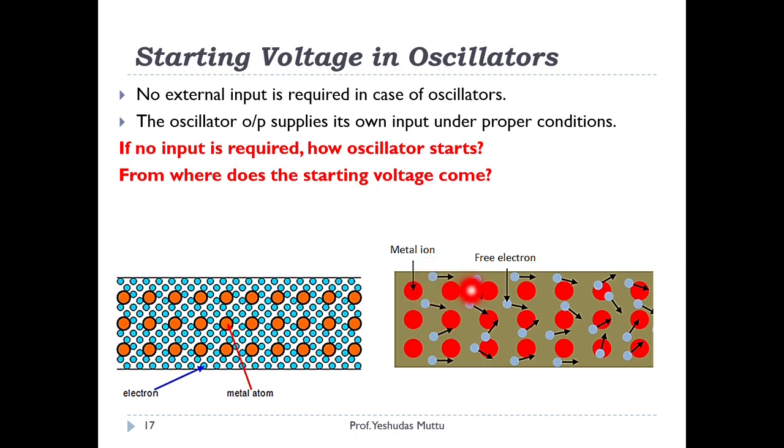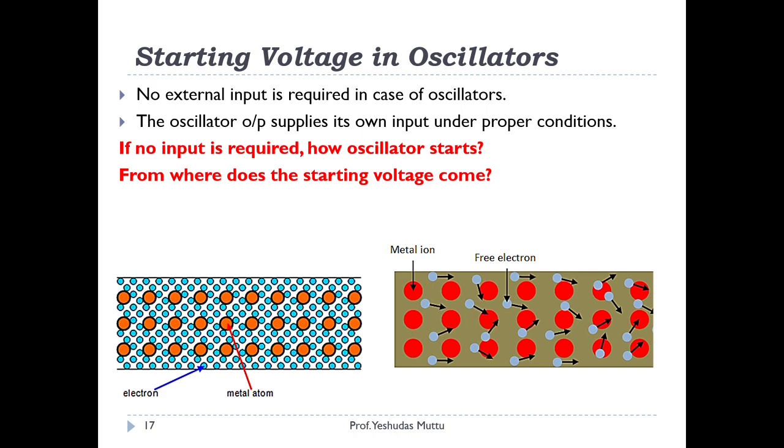These are free electrons, they start moving. Since the electrons move, some voltage is generated, and that voltage I name noise voltage.